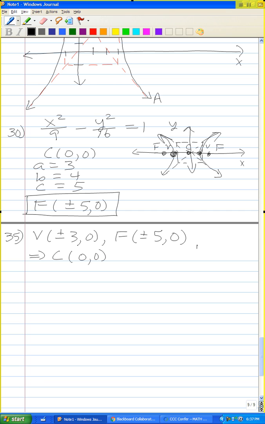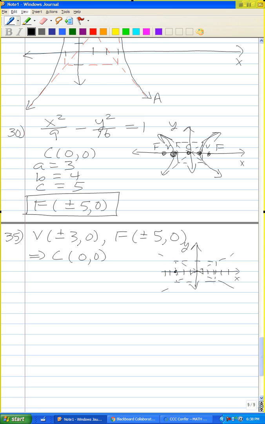So if you notice, we have the vertices at 3 and negative 3, and you have some sort of curve, I don't know how high this other one goes, but I'll just assume it looks something like this. And you have your foci here.